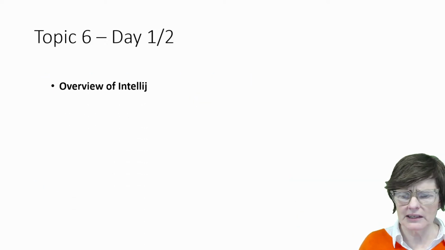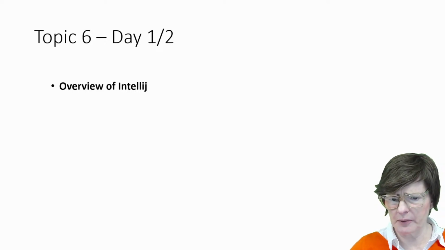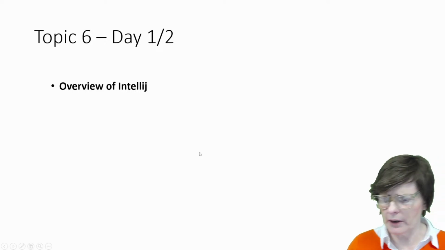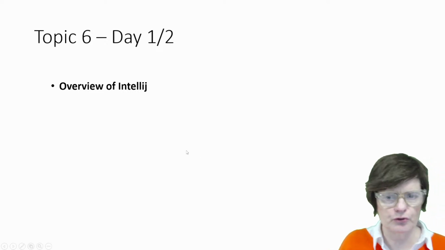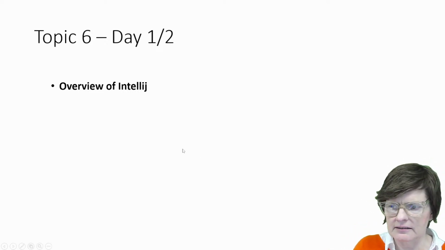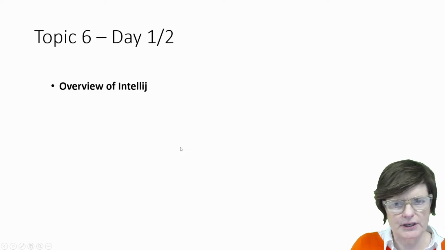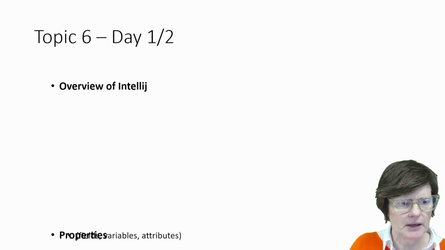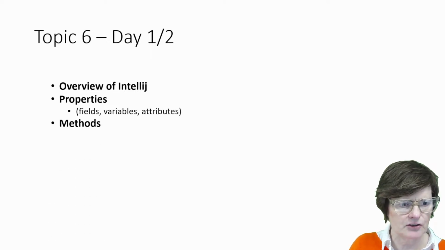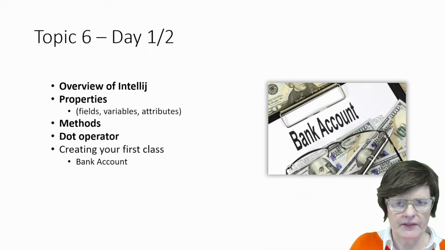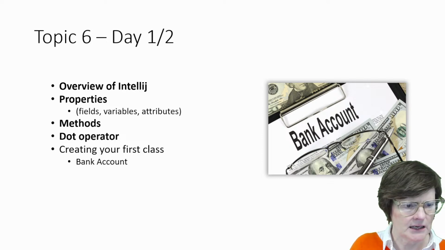So today, as a response to people that were struggling with IntelliJ, I'm going to run through IntelliJ again, and create a project and so on. And then we look at classes and the properties of classes: fields, variables and attributes, methods and the dot operator, and then later we'll create our own bank account.